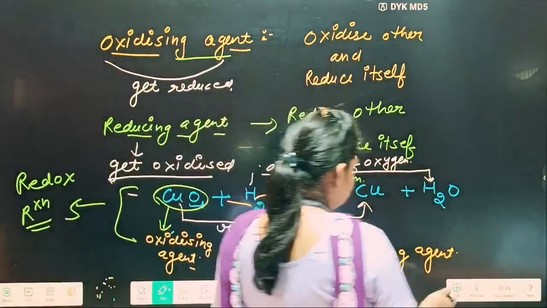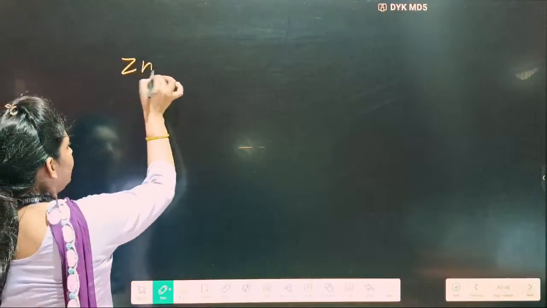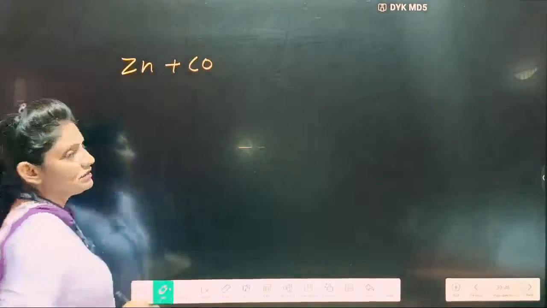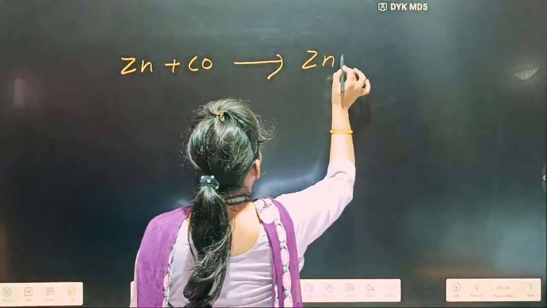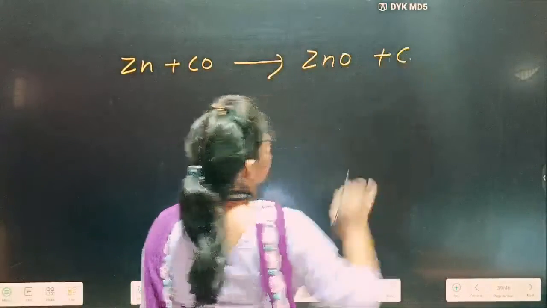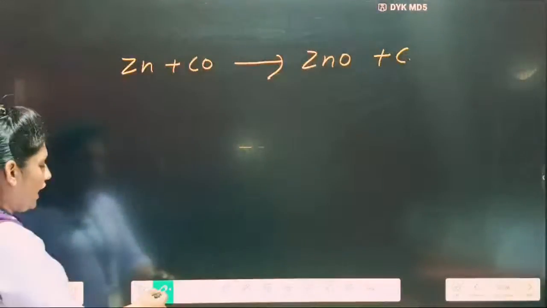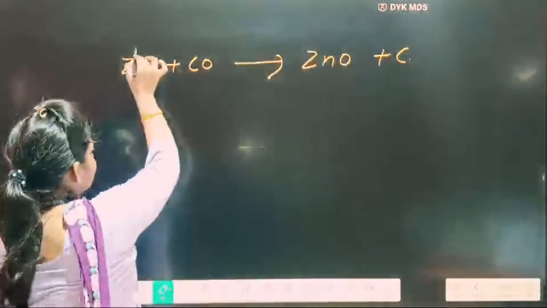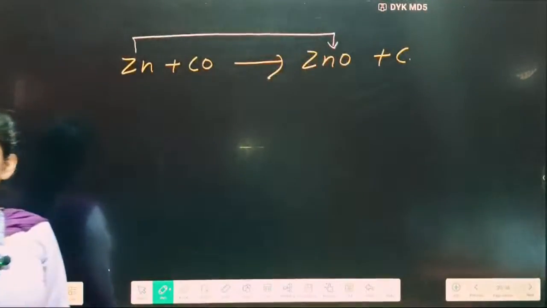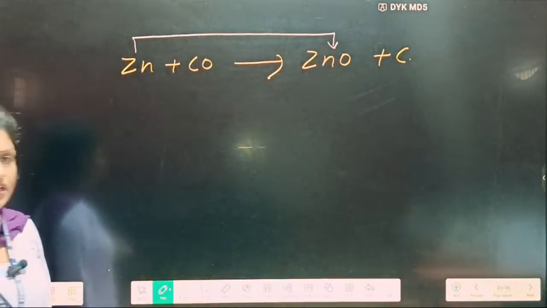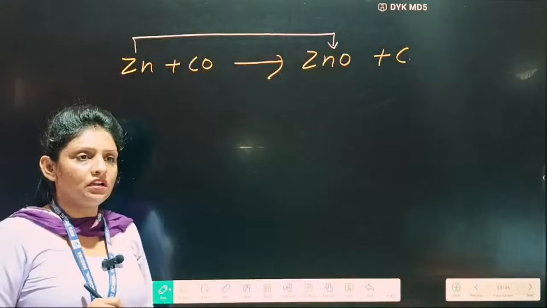Then students, you can see one more example. If I have zinc plus CO, then it converts into ZnO plus C. Now tell me students, here zinc is converting into zinc oxide. So this one is an oxidation process or reduction? Tell me.